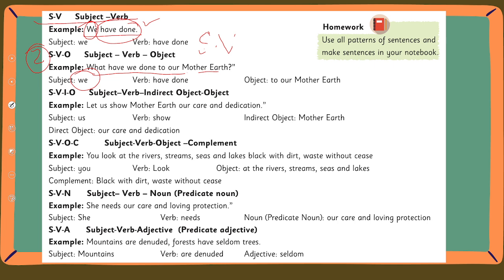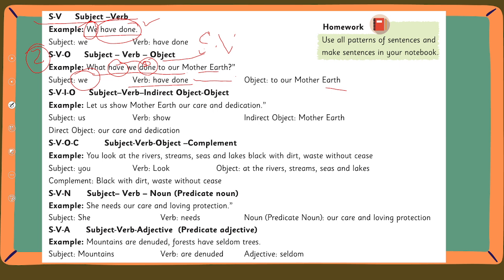Then have done is our verb. And for which thing are we using our object? We have done something to what? To the object, which is our Mother Earth. So this is how you can see an example of subject, verb, and object.